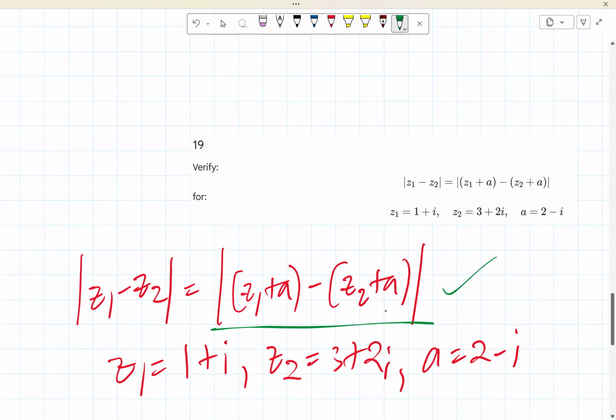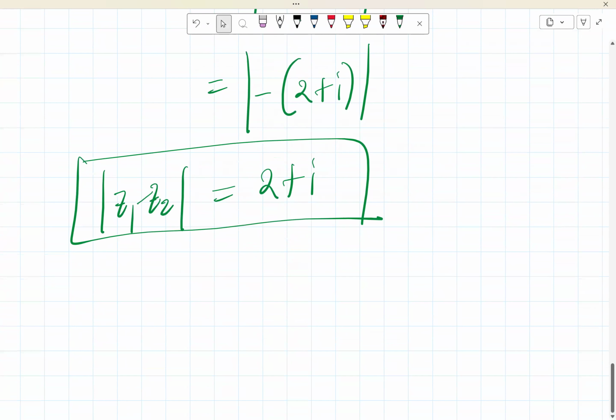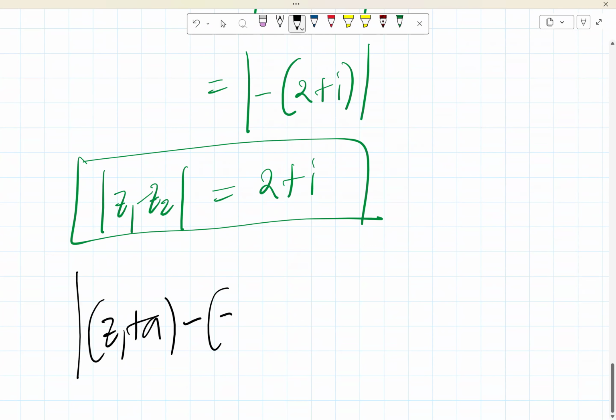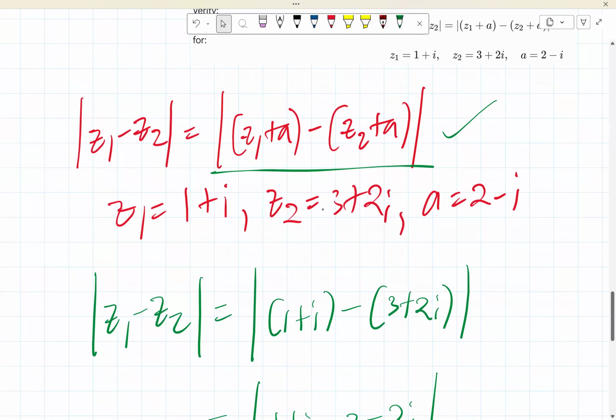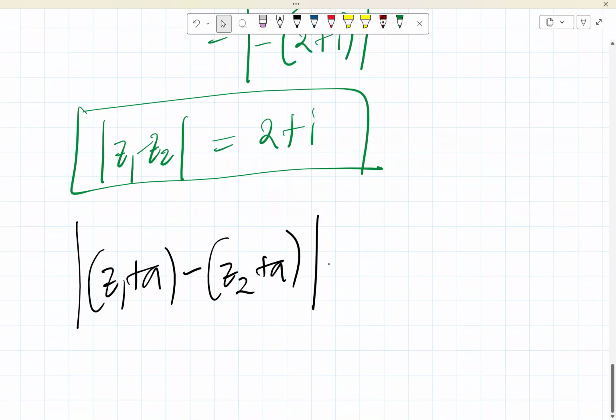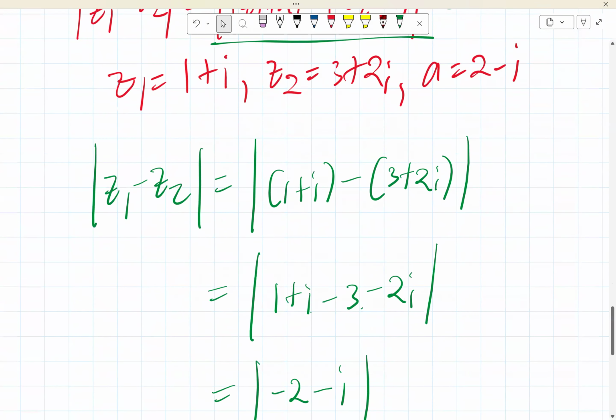So for the left hand side, which is this now, let's see how that goes. So we then have the absolute value of Z1 plus A minus Z2 plus A, like that. So this is equal to the absolute value of Z1. Z1 is 1 plus i.